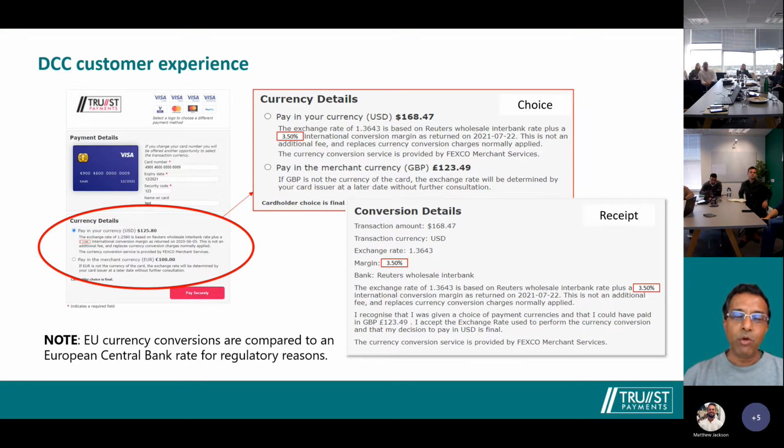And we show them before what their choice is, they make their choice, and then we've got to replay it to them on the receipt, whether that's a receipt from a point of sale terminal or online.